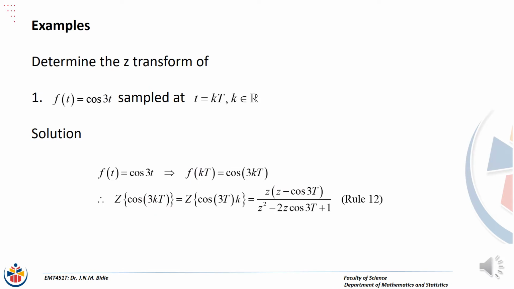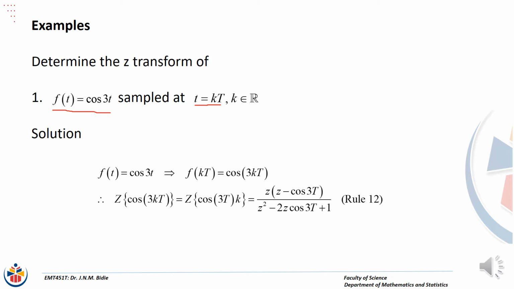Let's do some examples. Given, first of all, f of t equal to cos 3t, and it has been sampled at t equal to kT for k an element of real numbers. The first thing we need to do is to substitute for the value of t as kT, so that we have cos of 3kT.